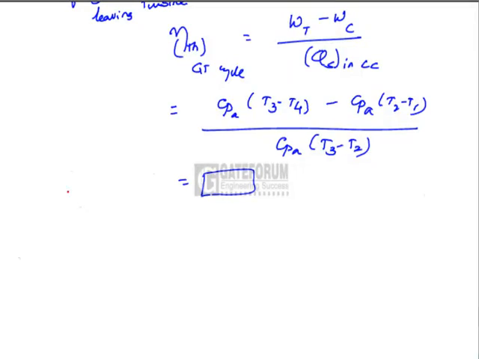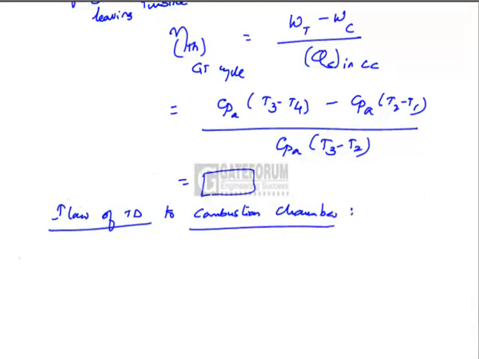Now, writing the first law of thermodynamics or law of conservation to combustion chamber as, let mf be the mass of the fuel consumed in the combustion chamber.